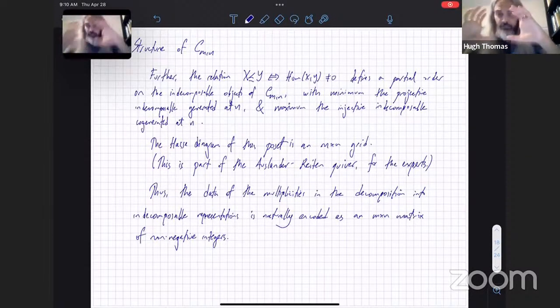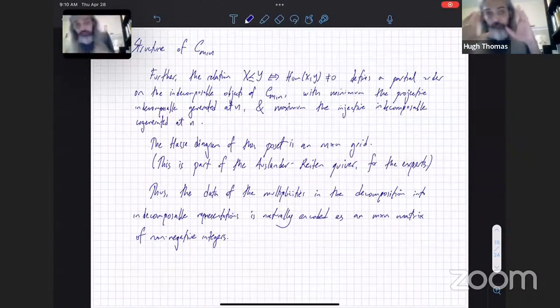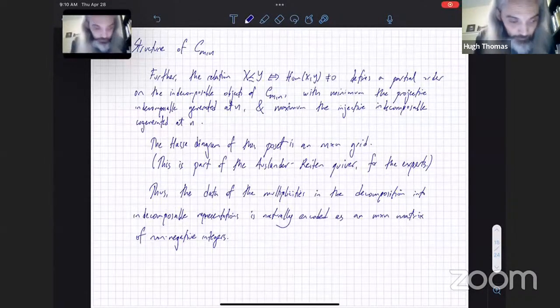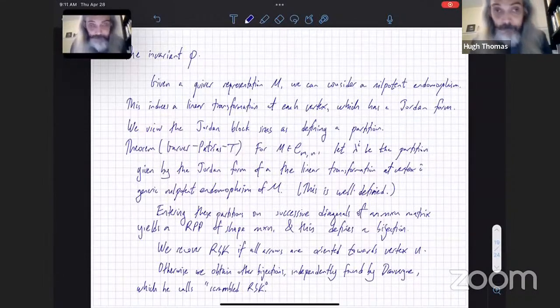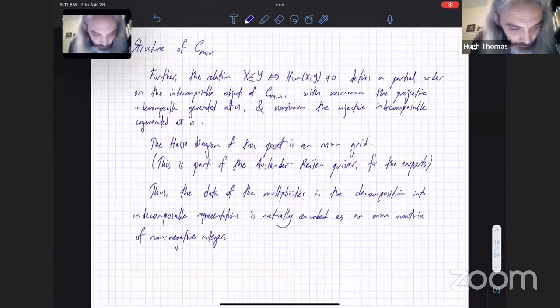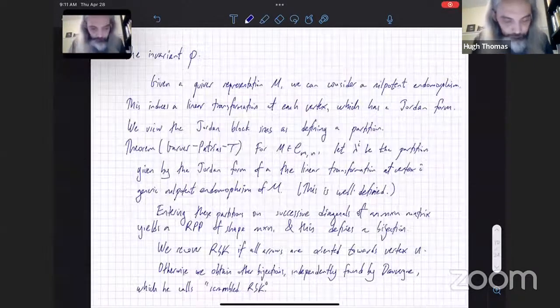So given an object in C_{m,n}, it's natural to describe its isomorphism class as a matrix of non-negative integers. Just to make sure I'm on the same page, the hom would always be one-dimensional if it were non-zero, right? Yes, that's exactly right.